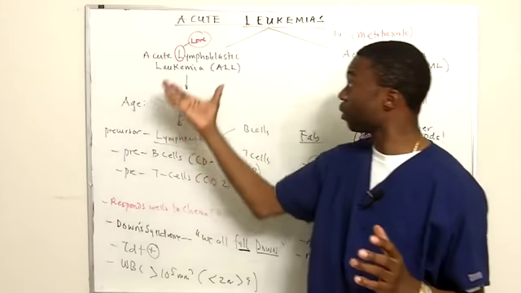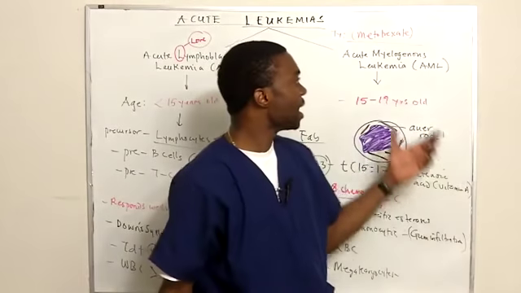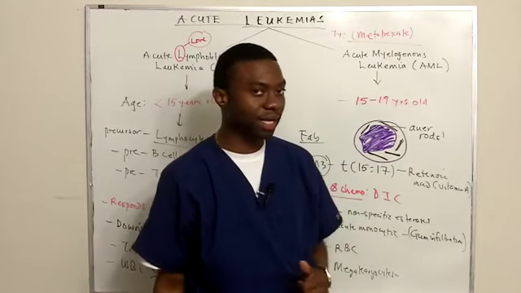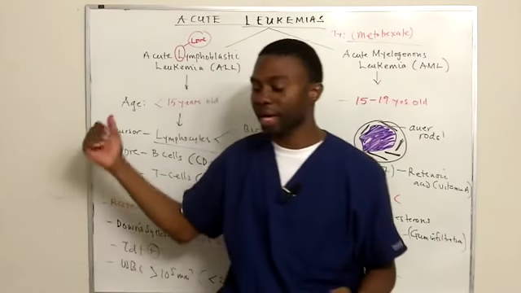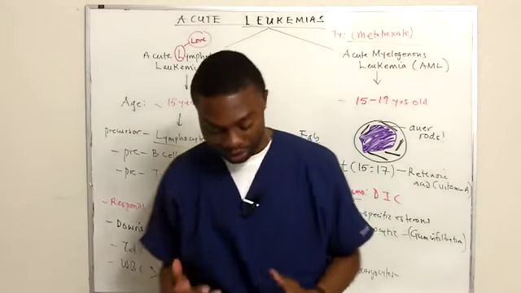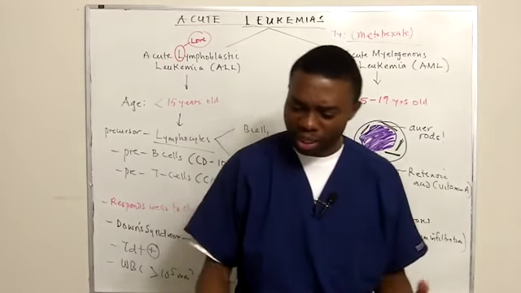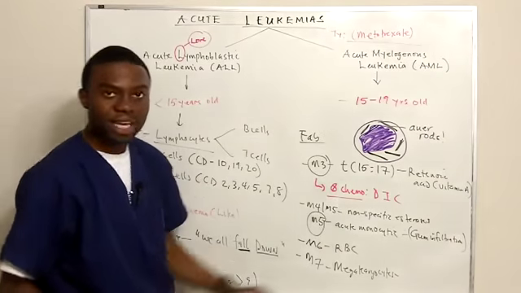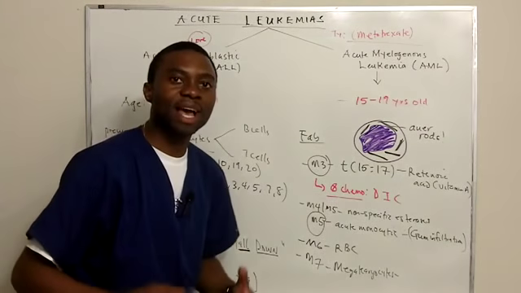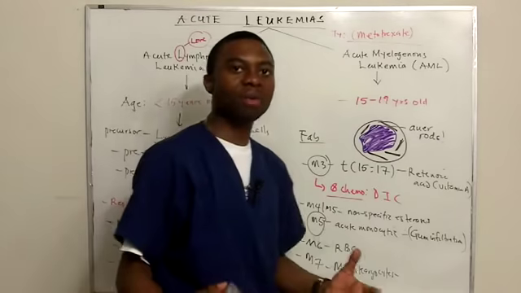Now, when I say acute leukemia, I mean both acute lymphoblastic leukemia and acute myelogenous leukemia. ALL and AML are going to present clinically, well, we already talked about it in the general overview. Remember, these immature cells always affect the bone marrow.